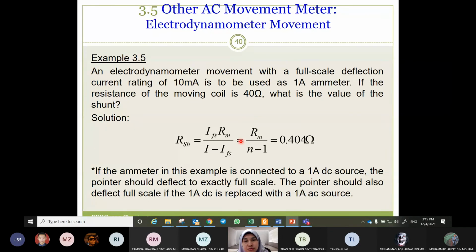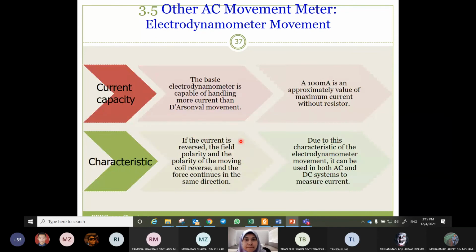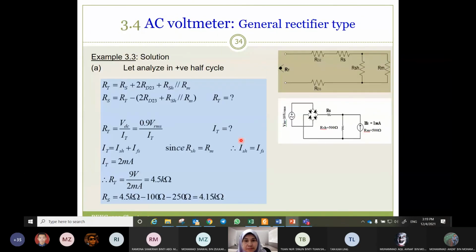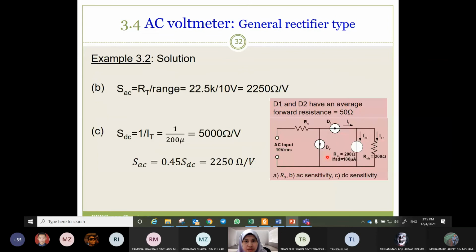Next lecture will be tutorial on chapter 3. Any question? Can I understand chapter 3? I think very easy. But in tutorial 3, it is okay. The example in lecture is basic calculation. The questions in tutorial 3 are more challenging, because we apply the DC and AC meters that we learned today.